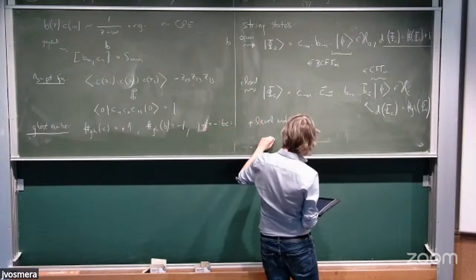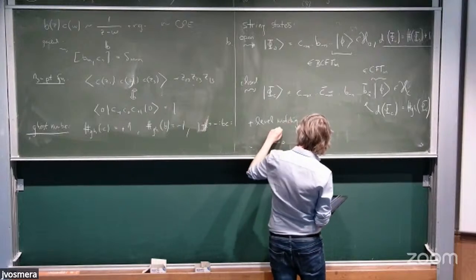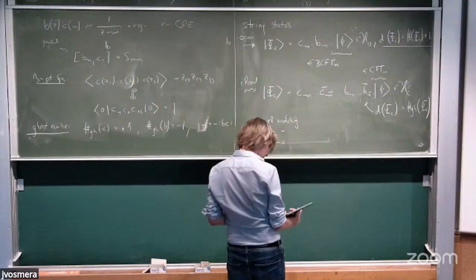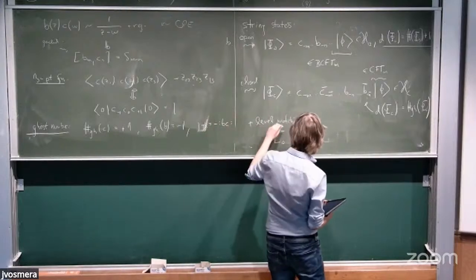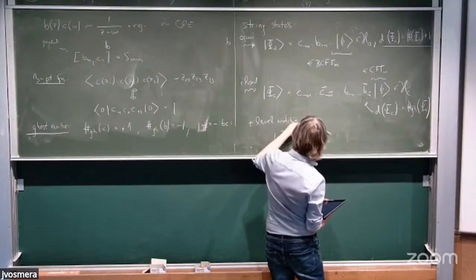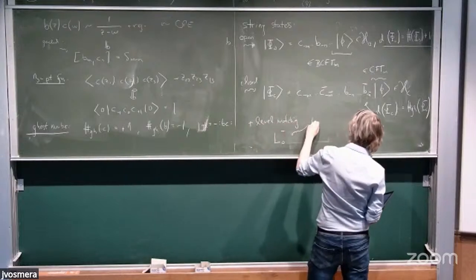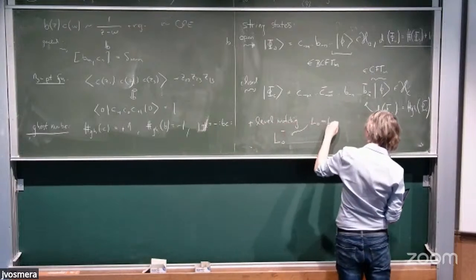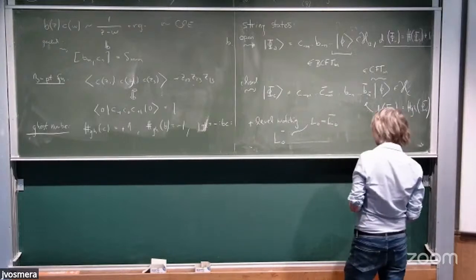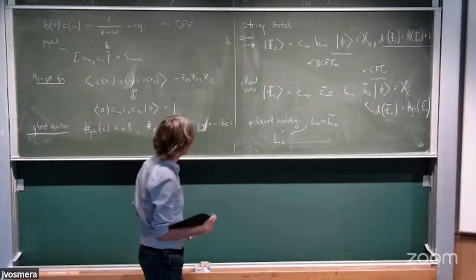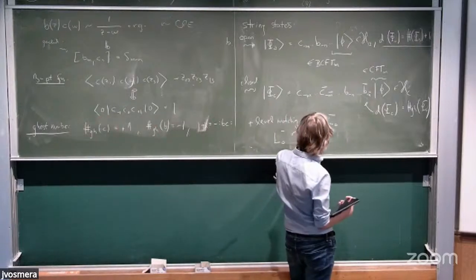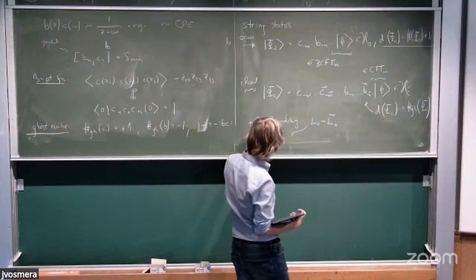So the constraints are as follows. I need to require that L0 minus, which I define to be just the difference between L0 and L0 bar of the total worksheet CFT. So L0 is the zero mode of the stress energy tensor in the worksheet CFT of matter and ghost.